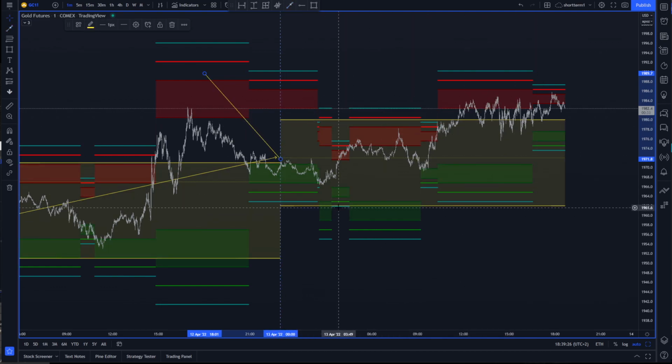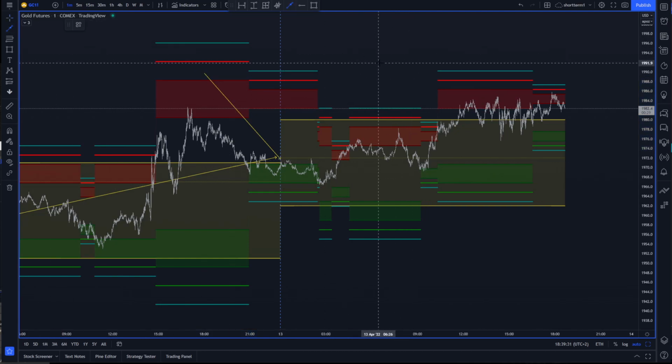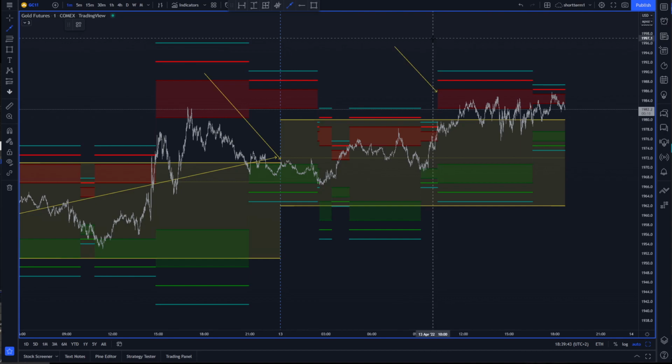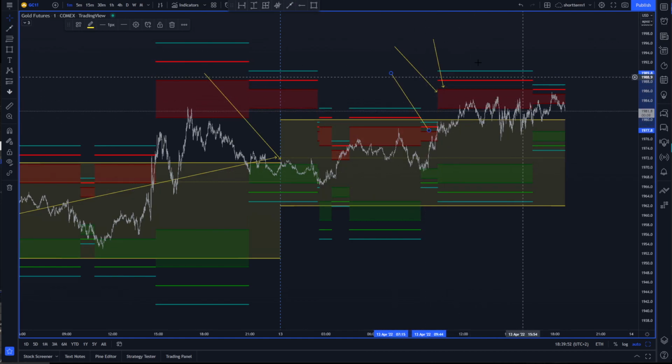So we are looking to short, and the fractal you want to see is outside of this value area. So this one, it is outside, and you want to see volatility expanding. So this fractal needs to be larger than the one before, and the one before is here, so it was a smaller one, right? So this is your short area.